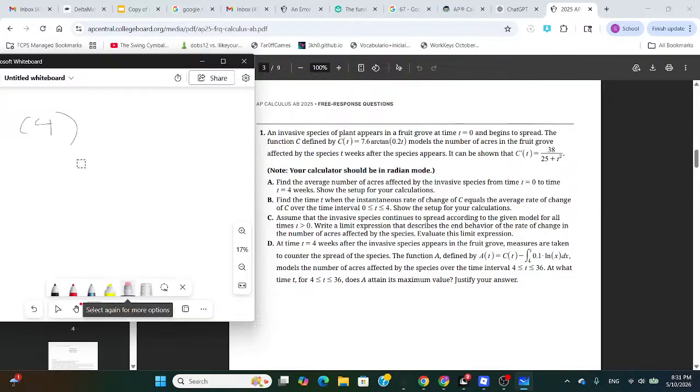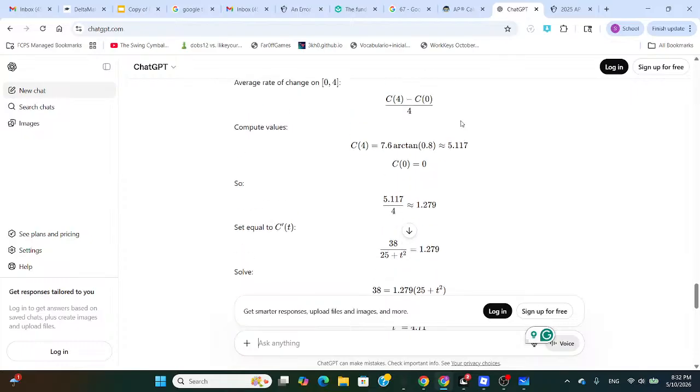So C of 4... Right, you find that first, equals, set it equal, wait, what?